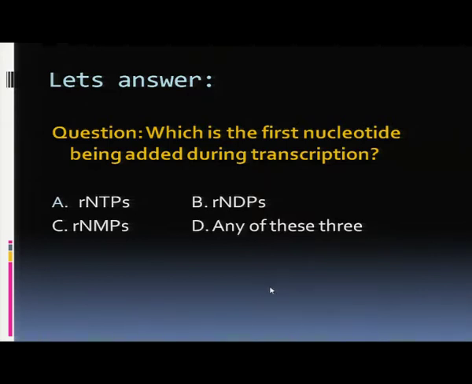The question means that during transcription, which one of these will be added first: ribonucleoside triphosphate, ribonucleoside diphosphate, or ribonucleoside monophosphate.